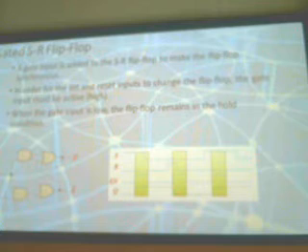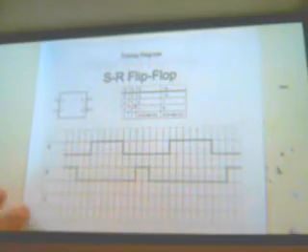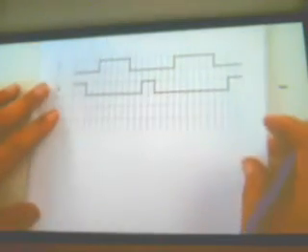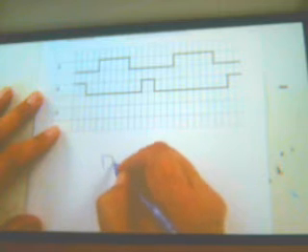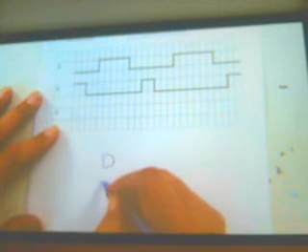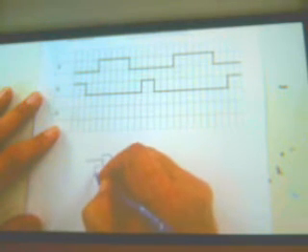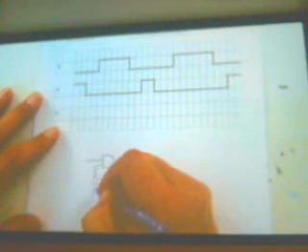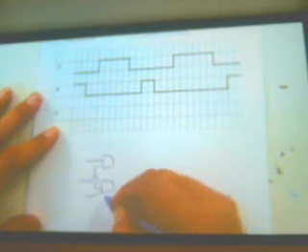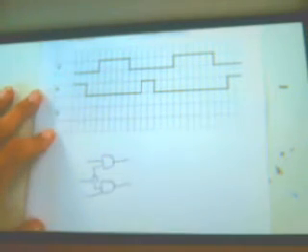And here's why. So we have two AND gates going, right? So let's consider this.